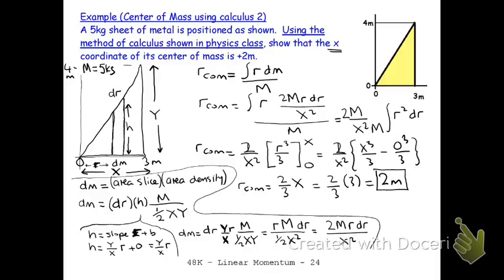Supposing I said to you it's not a triangle. Supposing it was a kind of parabola, and I gave you a squared relationship, that y is equal to x squared plus 2.